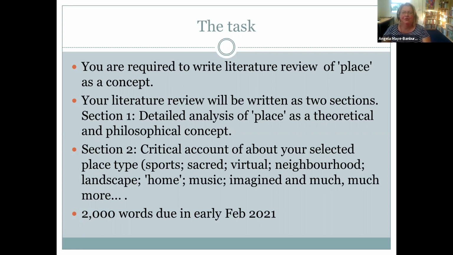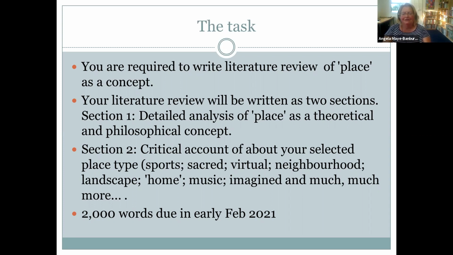So your literature review needs to be written in 2 sections, pretty much. So the first thing is a detailed analysis of place as a theoretical concept as defined in a range of different academic sources.